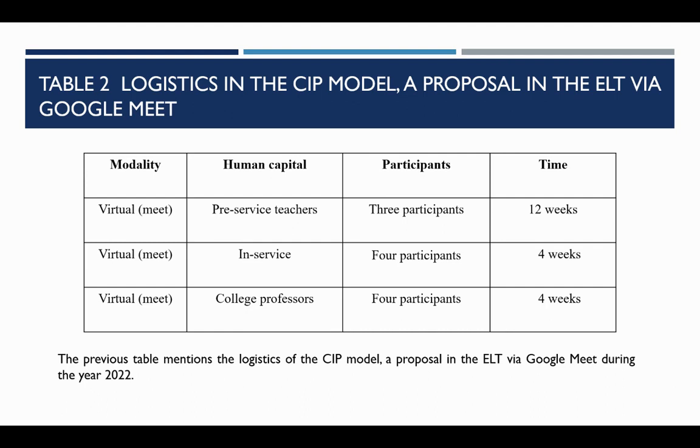Then at the top of the pyramid, as mentioned in the table, we will have college professors, also virtually using Google Meet, 4 participants, teaching specifically 4 weeks, 1 month. Basically, this is the logistics of the CIP model and the ELT via Google Meet during the year 2022.